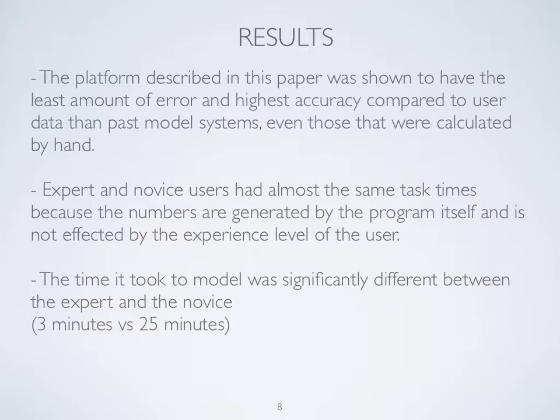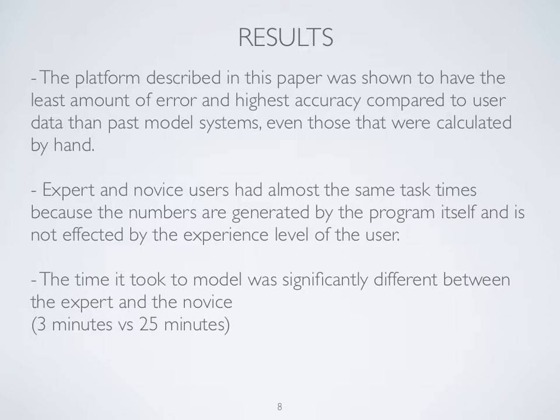So the results show that the platform described in this paper had the least amount of error and the highest accuracy compared to user data than past model systems, even those that were calculated by hand.